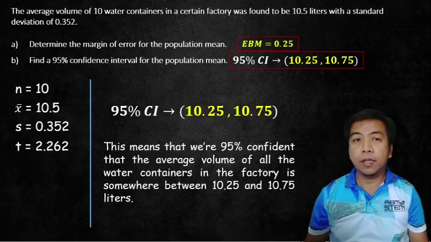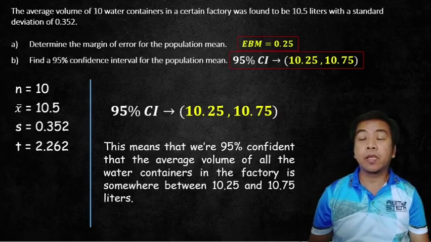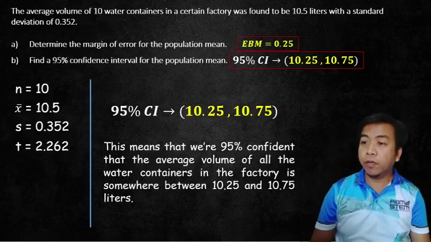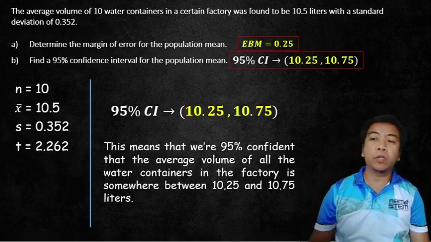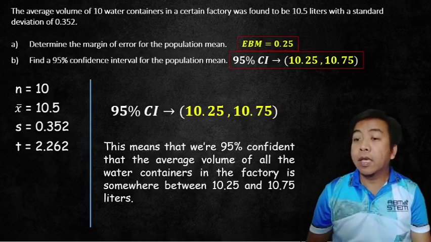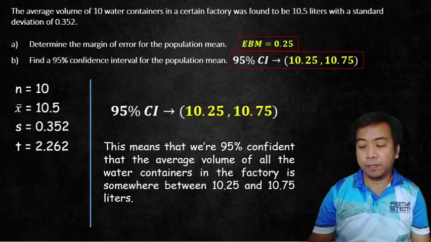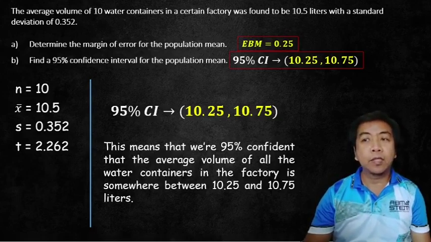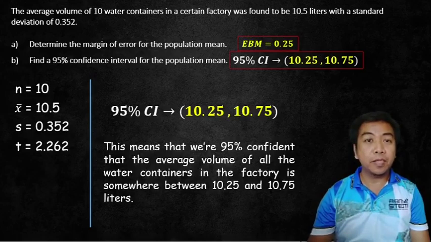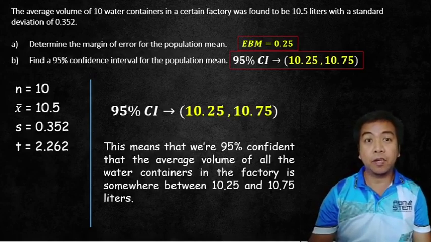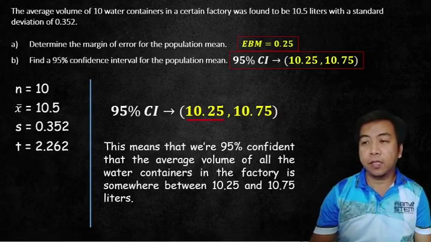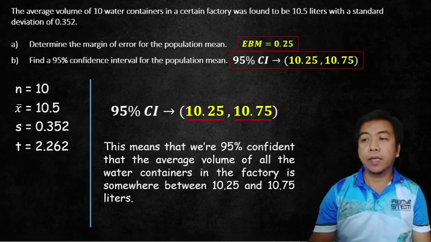This means that we are 95% confident that the average volume of all the water containers in the factory is somewhere between 10.25 and 10.75. So that is how we can determine the confidence interval for the population mean.